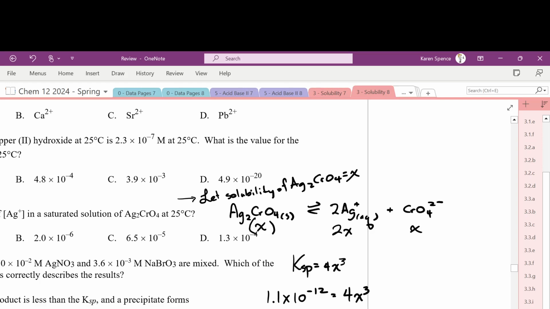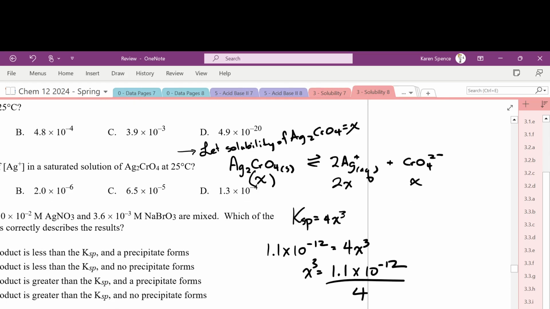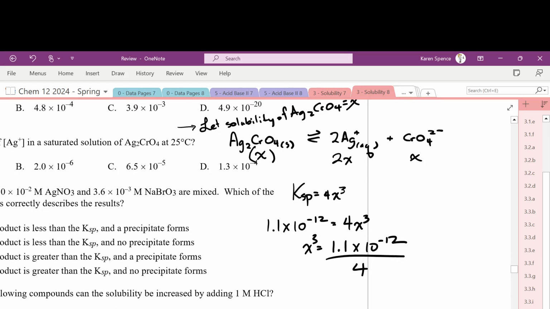So x is equal to, I'm just going to write this all down, but you would not show any of this probably. 1.1 times 10 to the negative 12 divided by 4 is 2.75 times 10 to the negative 13, which is x cubed.